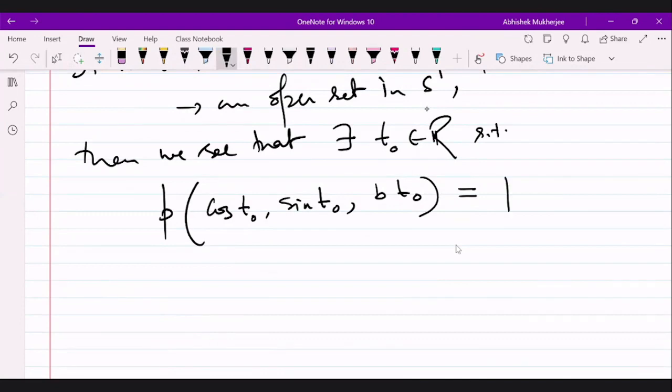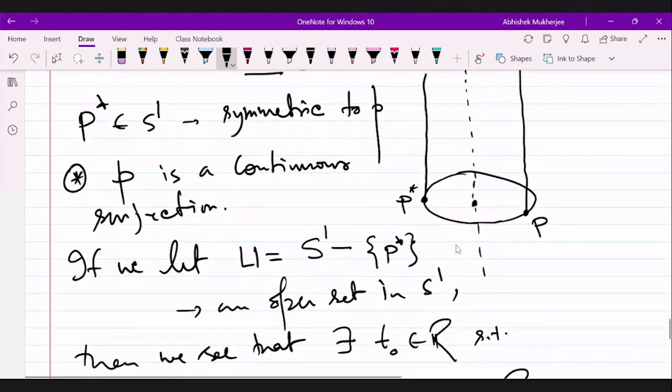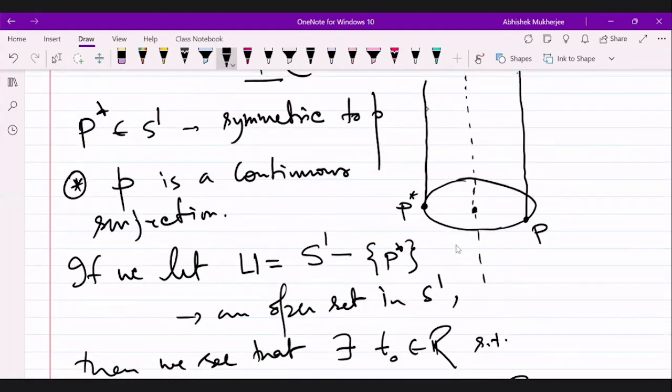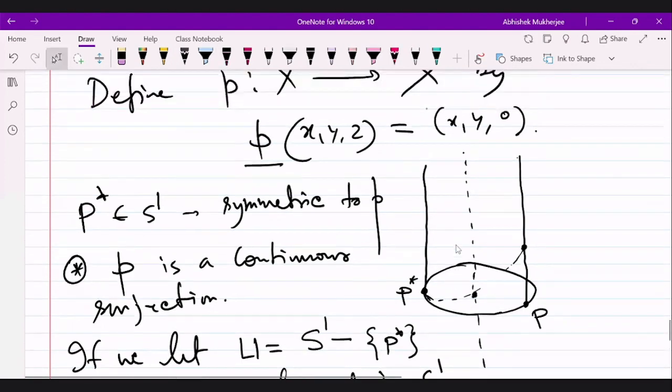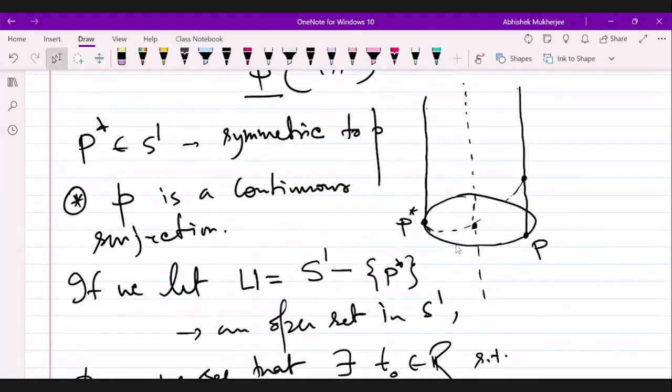So this is capital P, right? Now, what we are doing here is just unwrapping that S1 and projecting that to that helix, and you will get that kind of thing.